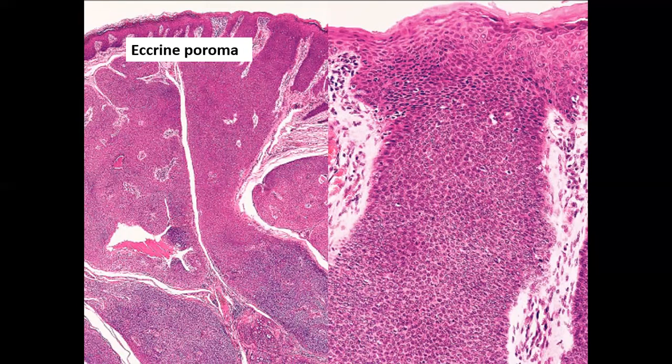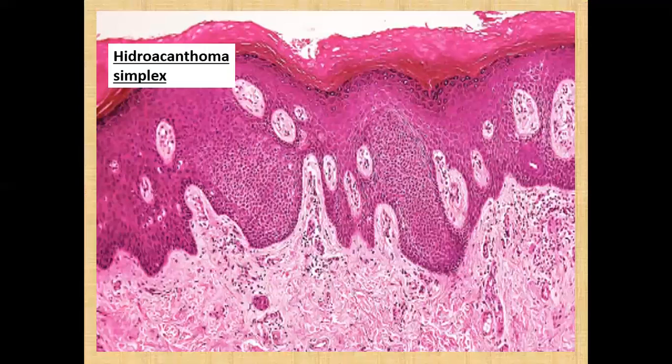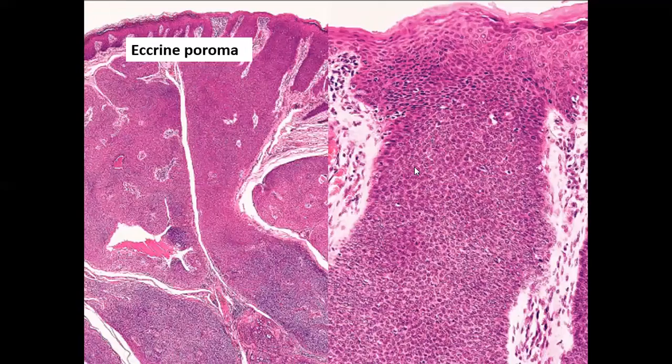So the tumor will be called eccrine poroma when the connection of these poroma cells with the epidermis is maintained, and these cells are going in communication with the epidermal cells into the dermis. While in hidroacanthoma simplex, the cells are only limited to the epidermis.